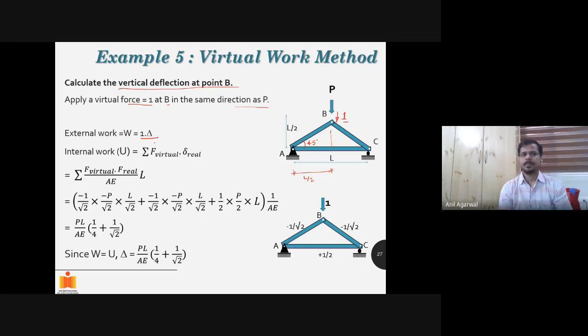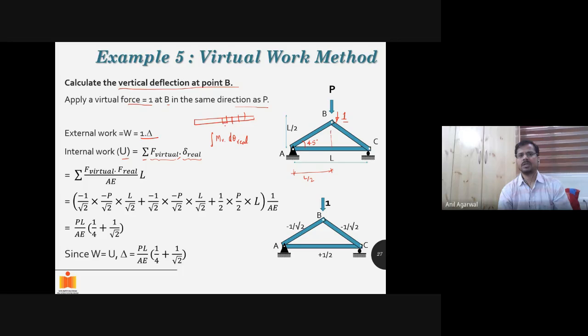1 into delta. The internal work will be equal to the summation of member forces in each member due to the virtual load multiplied by the deflection or deformation of each member due to the real load. You can draw the analogy here. What we were doing before, we were saying M virtual d theta real. If we had a beam, we were taking small parts of that beam.